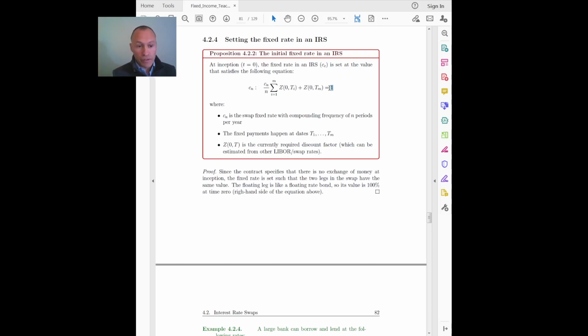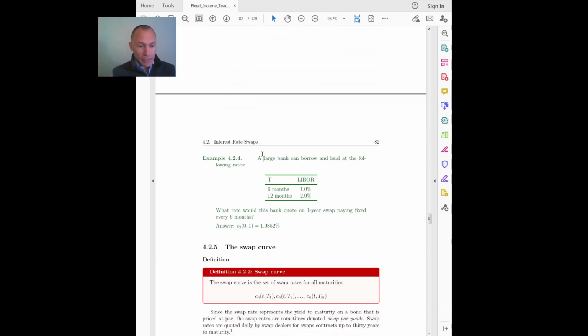So if the floating rate bond, which corresponds to the floating leg, has a value of 100%, the other leg also needs to have the same value of 100%. So basically, we are going to define the coupon rate such that the value of the fixed leg, including the principal, is 100%. Okay?